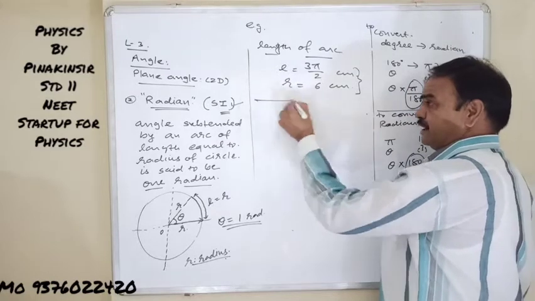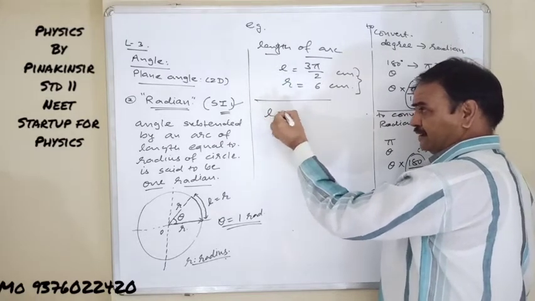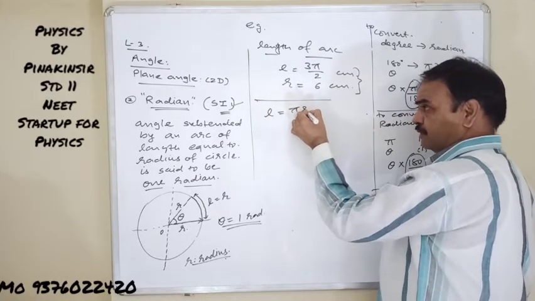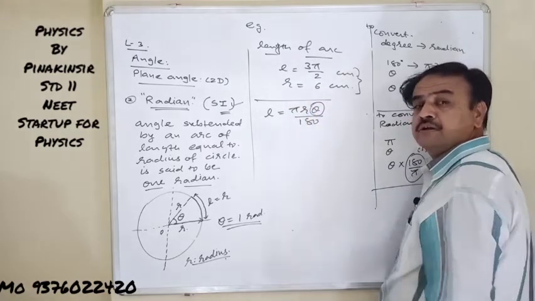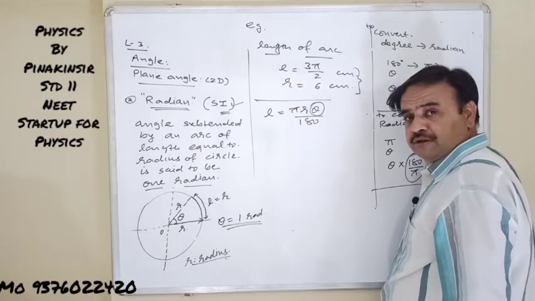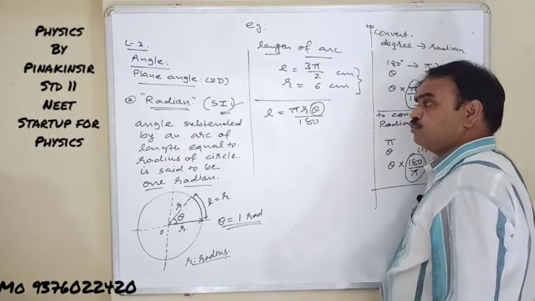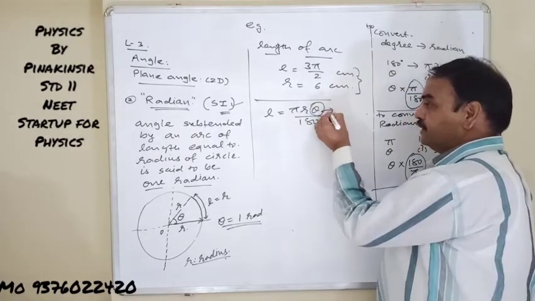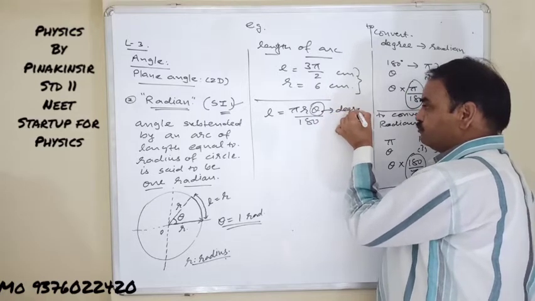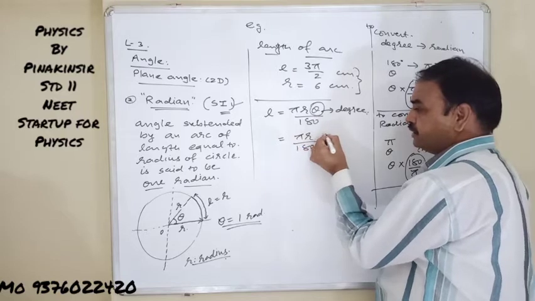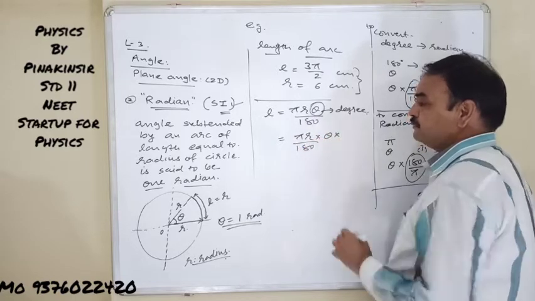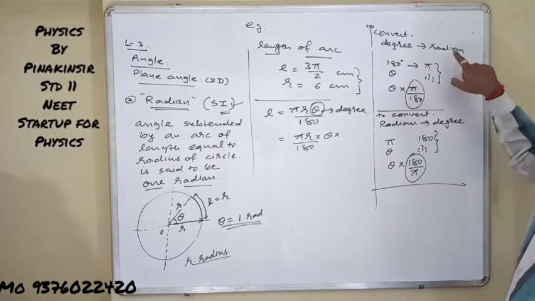We have that particular formula, L, the length of arc, is equal to pi r theta by 180, but here theta must be in degree. Then to convert that degree measurement, what do we have to do? Theta must be multiplied by pi by 180, the degree to radian conversion.